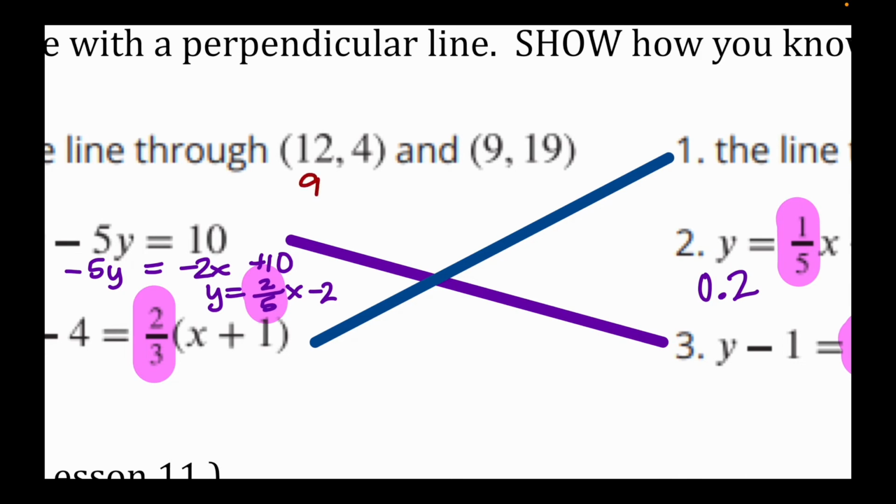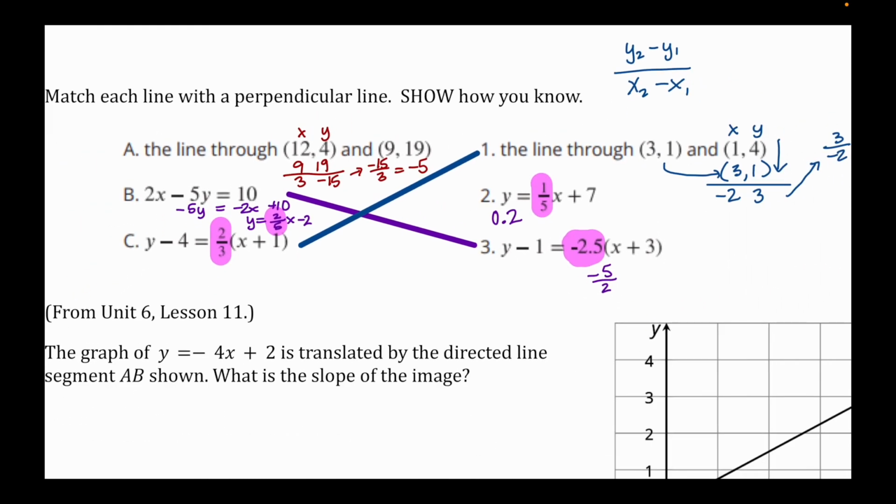I'll line up the 9 and the 19. 12 minus 9 is going to be 3, and 4 minus 19 is going to be negative 15. So that means we would do negative 15 over 3, and that would reduce to negative 5. Negative 5 is the opposite of positive 1 over 5. So yes, this one here would match up with number 2.